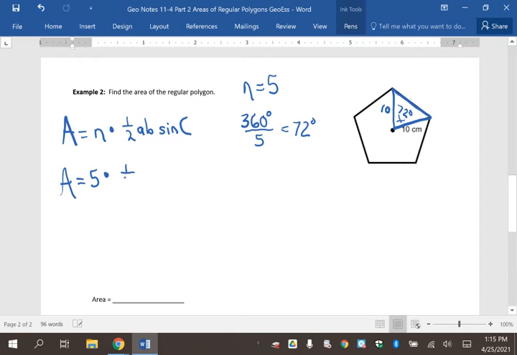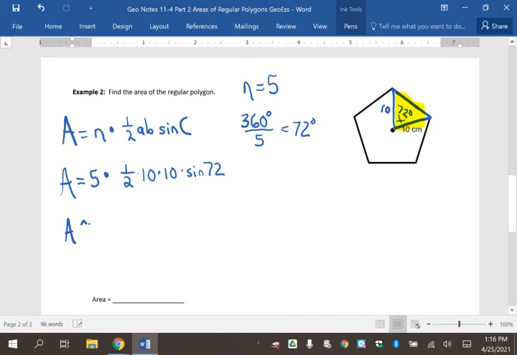And each triangle, this little triangle, let's go to the highlighter again, and we're finding the area of one of those. We have 2 sides, 10 and 10, and sine of their included angle is 72. All you have to do is put this in your calculator. So 5 times 0.5 times 10 times 10 times sine 72, close parentheses.